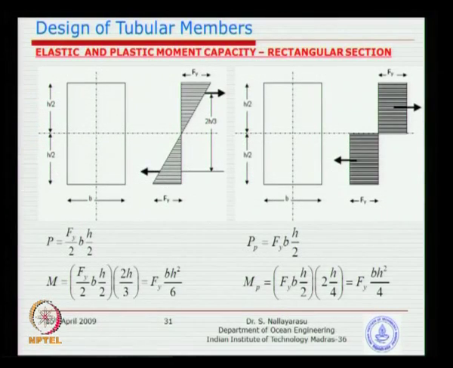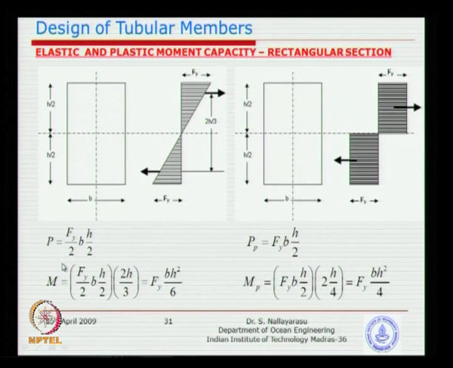So, quickly we will just look at the rectangular section. I think most of you must be familiar with this so called elastic theory or elastic beam bending theory. For a rectangular cross section, the stress strain diagram will be linear, going across the neutral axis. You might have studied in your applied mechanics course that when the extreme fibers of the beam reach yield point, that is the situation we are evaluating.